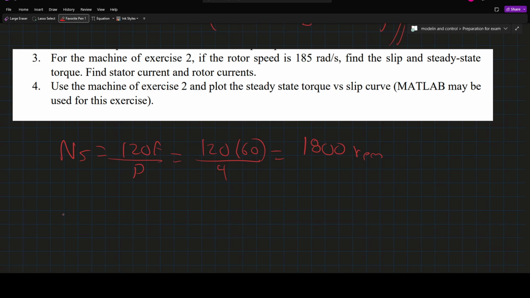And now our speed in our rotor, they are saying that it is 125. It's in radians per second, so we turn it into RPM. So it's going to be 66.6 RPM.